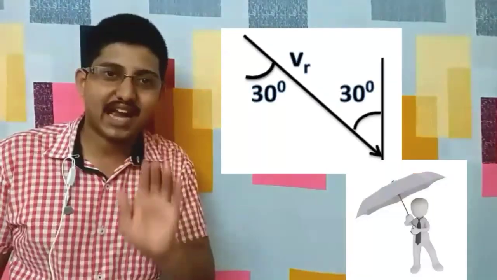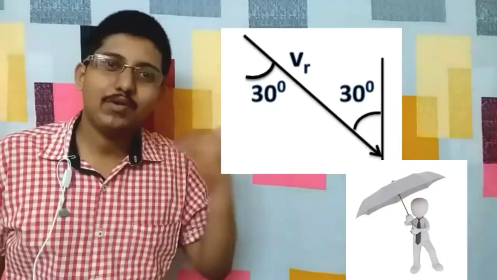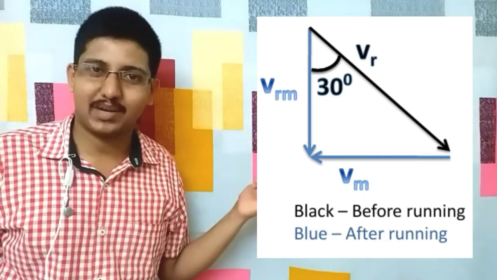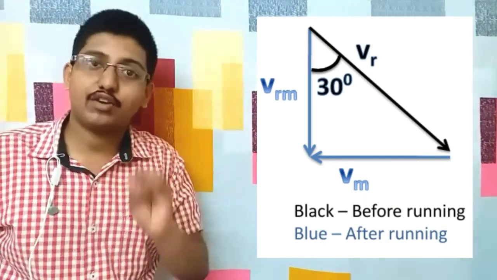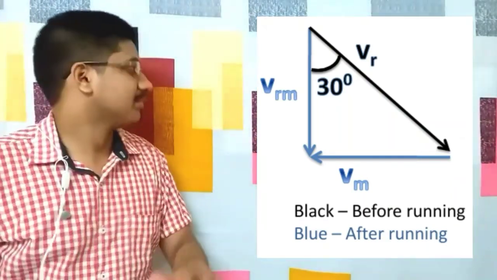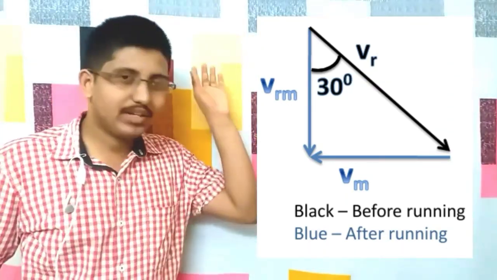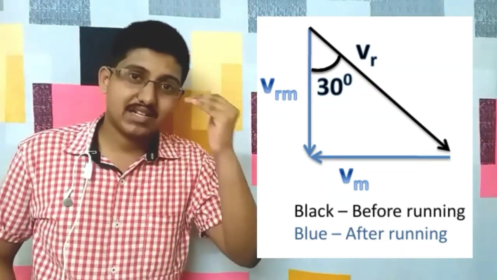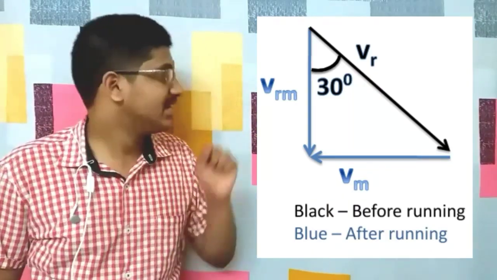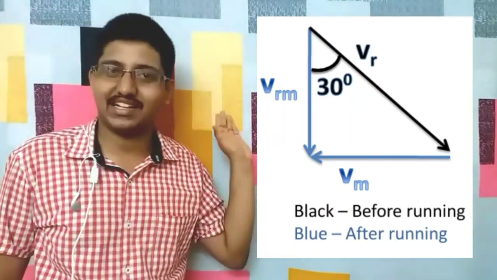First of all, as I have said, just draw a random diagram. The rain with respect to the standing man was like this. Now he starts running with a speed of 10 km per hour, and then he feels that the raindrop is falling on his head vertically. So the diagram will be like this. Though the diagram is like this, when considered in our initial condition, we can see that this angle is 30 degrees.